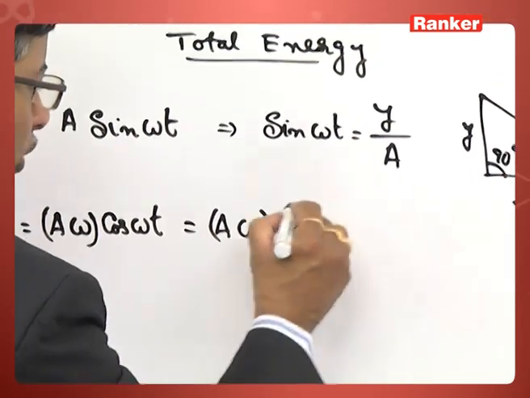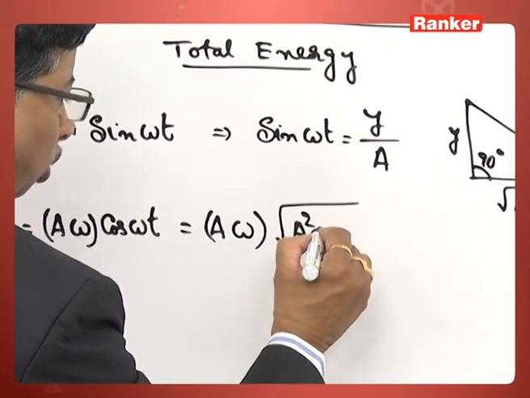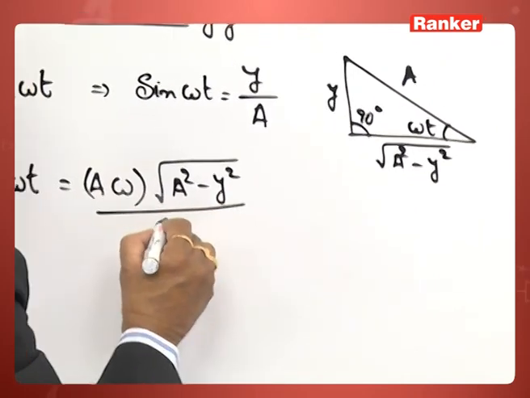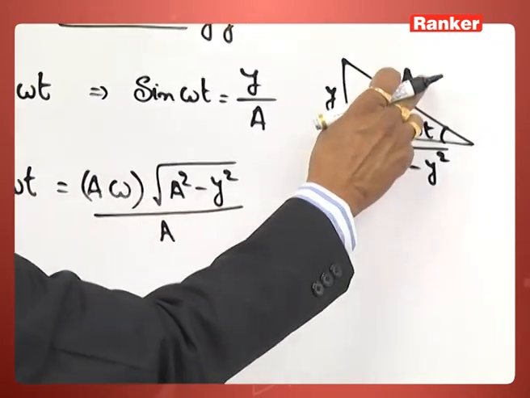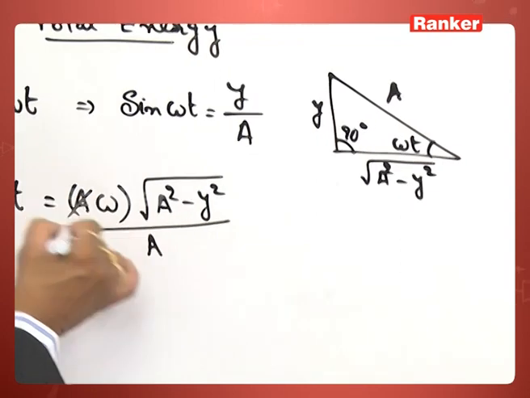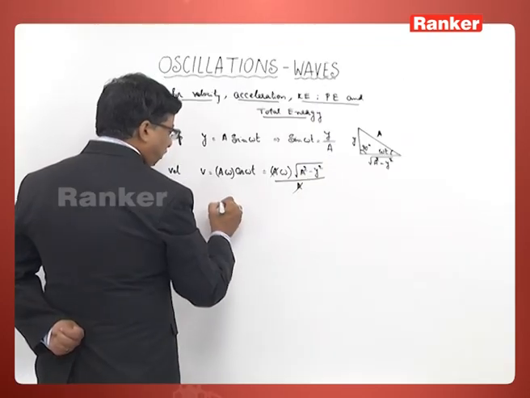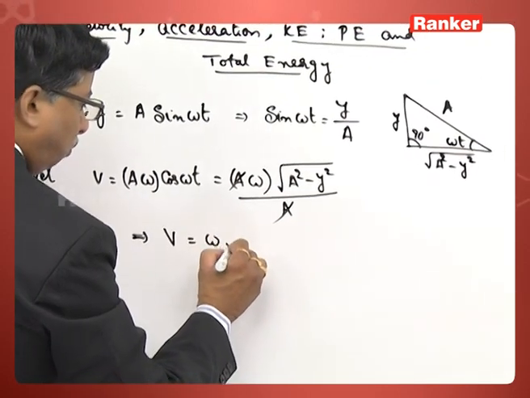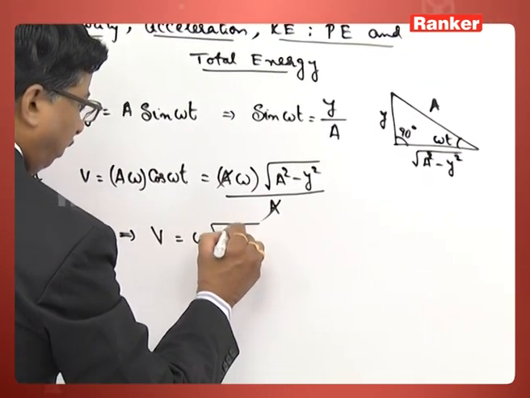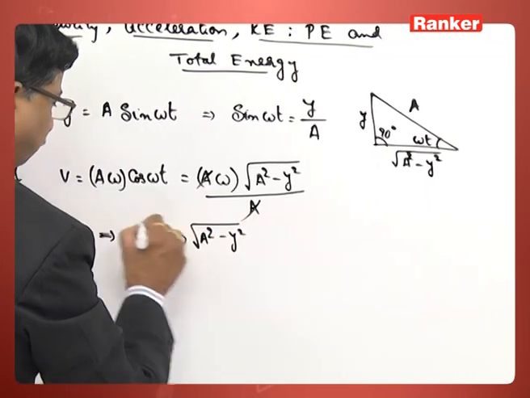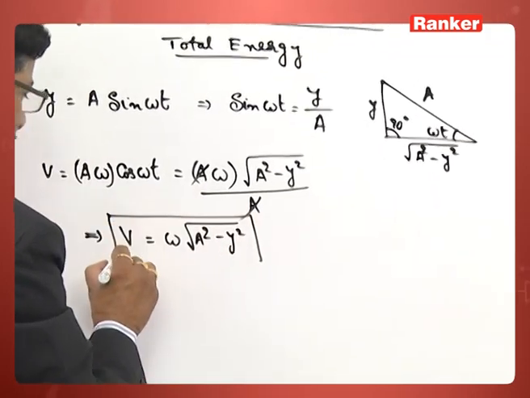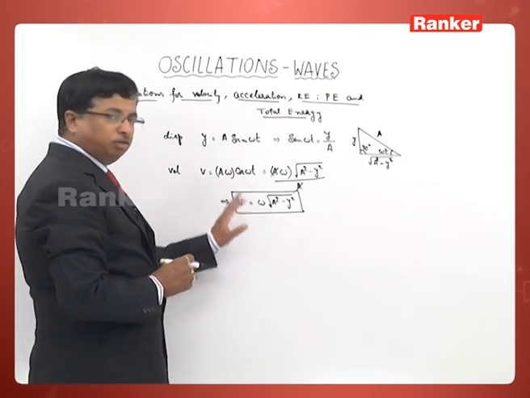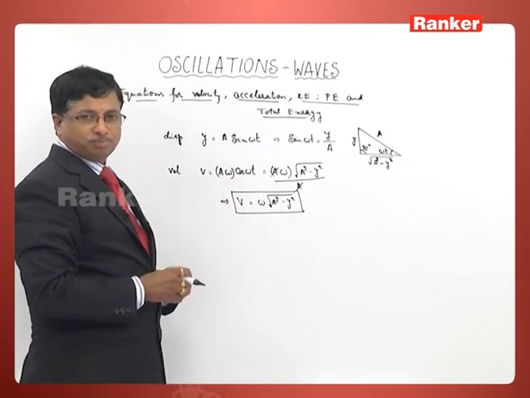Cos omega t now becomes root over A square minus y square divided by A, adjacent by hypotenuse. This A gets cancelled. So, what is remaining now? V is equal to omega root A square minus y square. This is the equation for velocity of a particle or a body which is in simple harmonic motion.